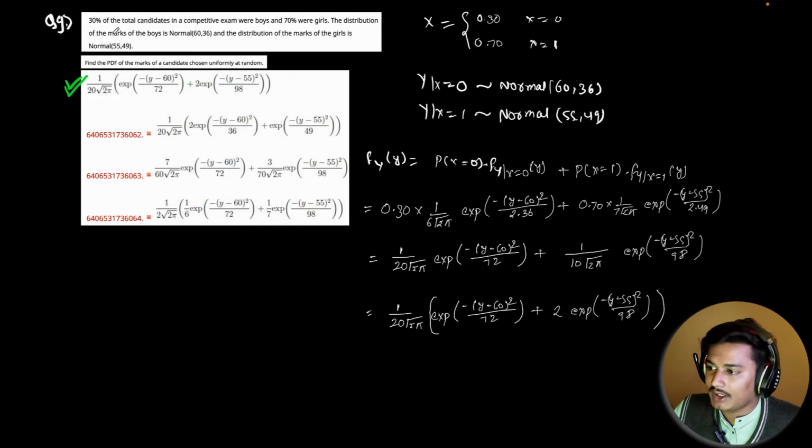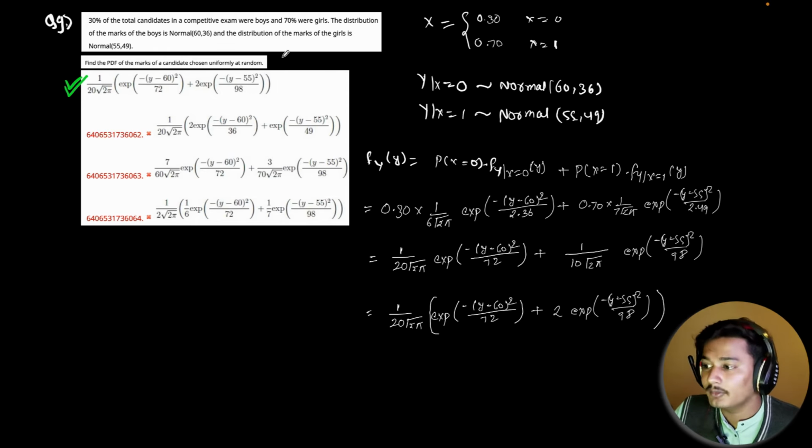Now next question. 30% of the total candidates in a competitive exam were boys, and 70% were girls, right? The distribution of marks of boys is normal 60, 36, and the distribution of marks of girls is normal 55, 49, right? Find the PDF of marks of a candidate chosen randomly.